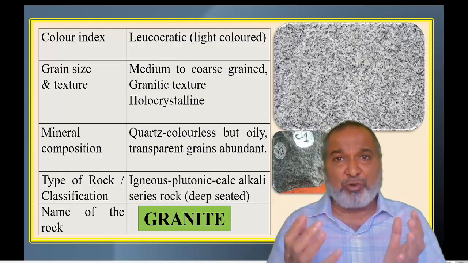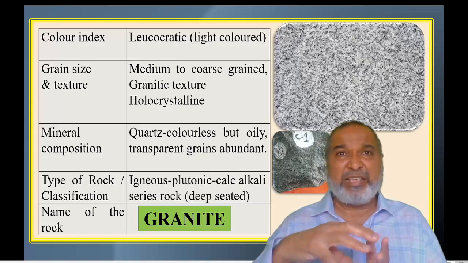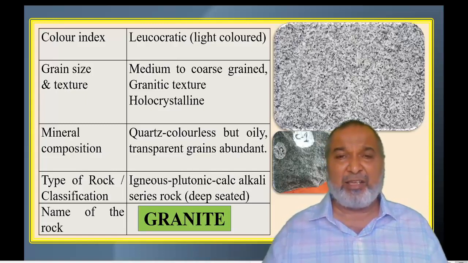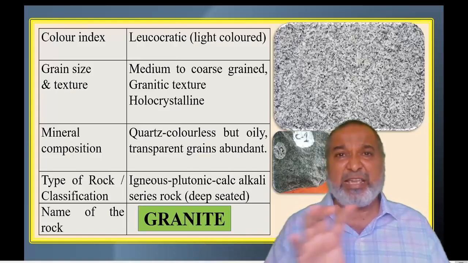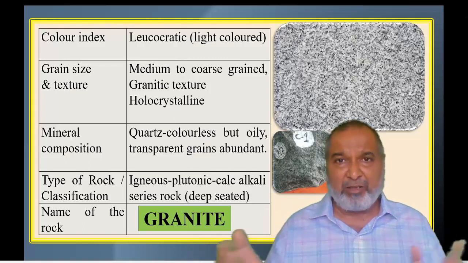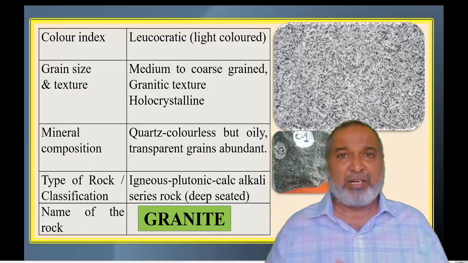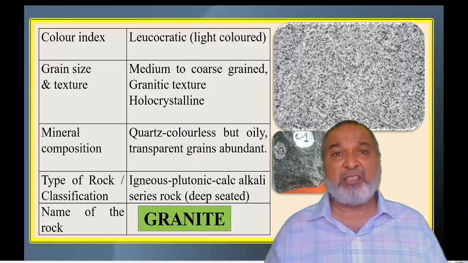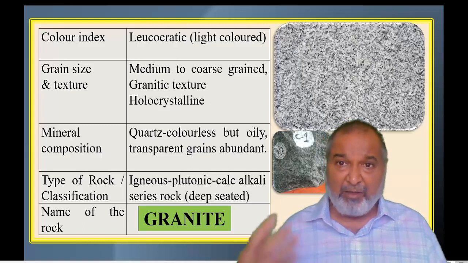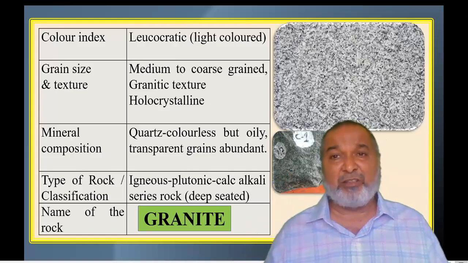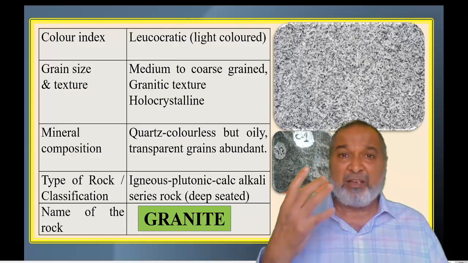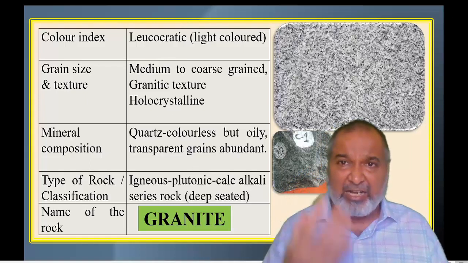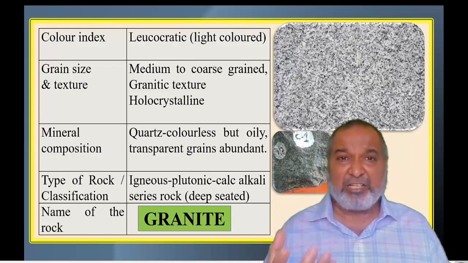Equigranular means that whatever crystals or minerals are there, they are more or less of the same size. The shape may be different, euhedral, subhedral, anhedral, that is not a concern, but the size is the same. This is called equigranular texture, and to represent it there is granite. The granite rock texture is called granitic texture.